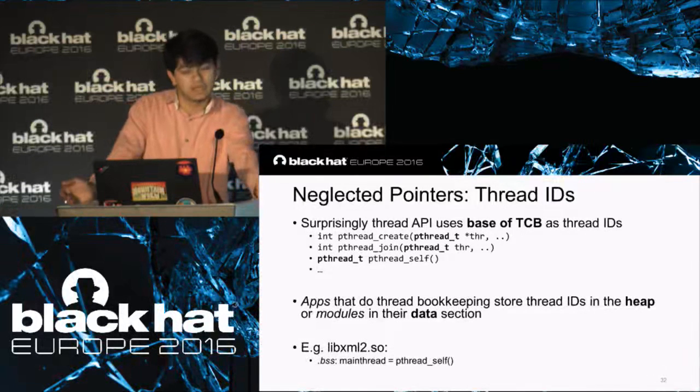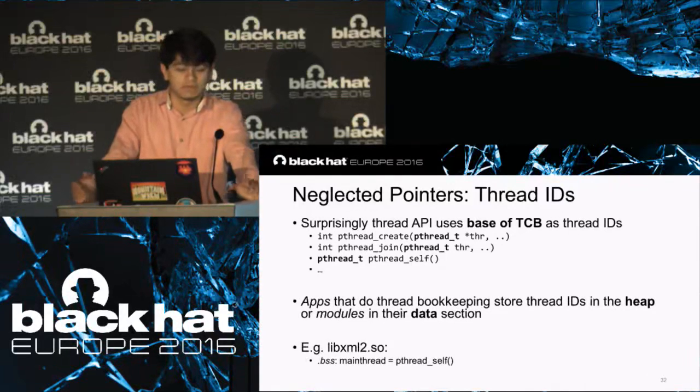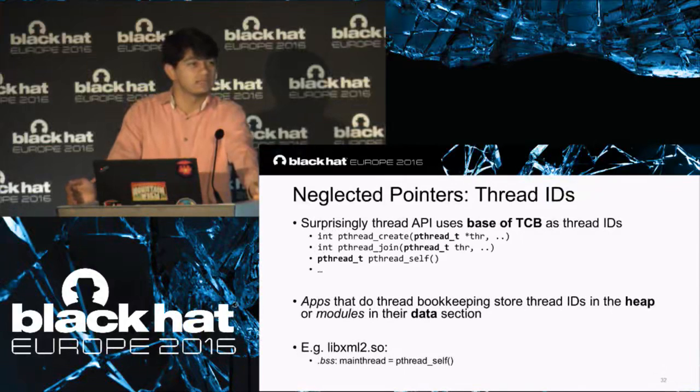But the TCB is on the stack, so if the application does some thread management and stores the thread IDs in its data region or the heap, it is storing pointers to the stack actually. And this was very interesting.